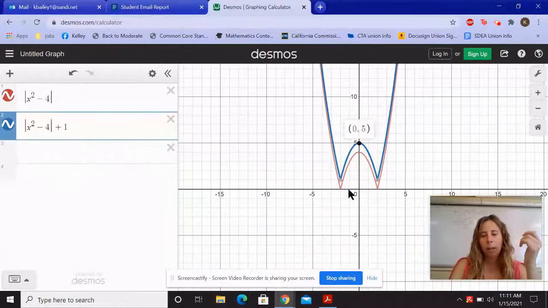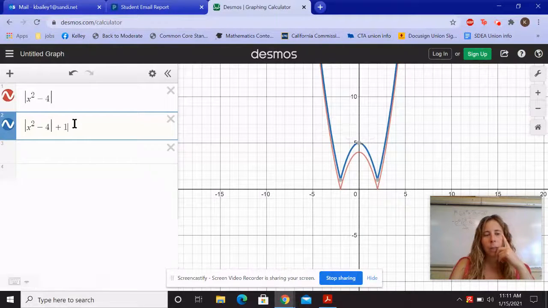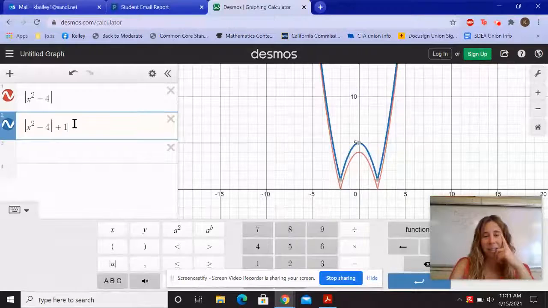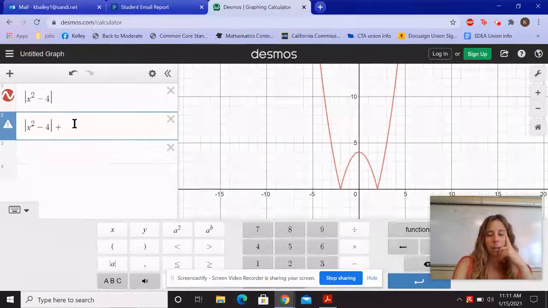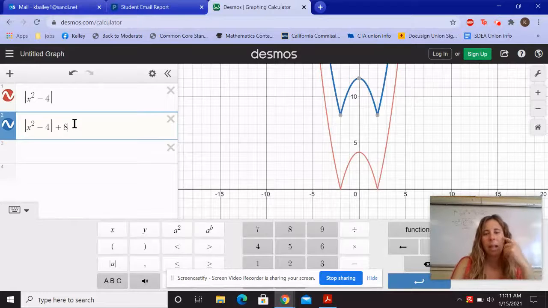This was negative 2, 0. So now it's negative 2, 1. All of your y values get bumped up by 1. So that's what the number on the outside does. If this was 8, then your graph goes up by 8. All of your y values go up by 8.